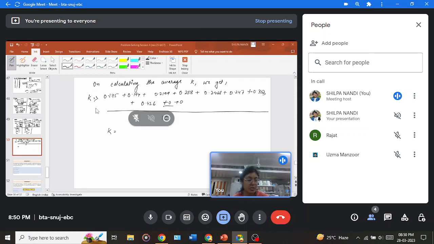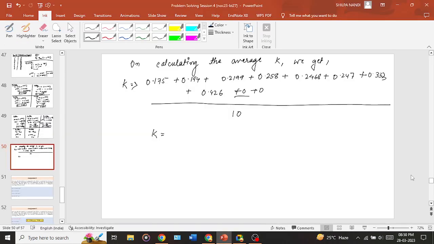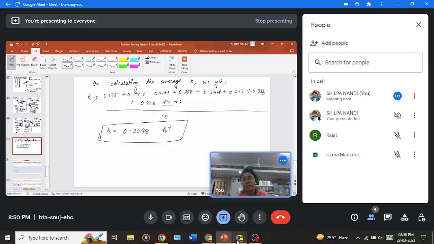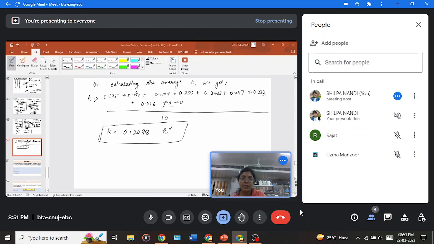Basically, how much should the answer be? Is it coming around 0.2098? Write it down here. So this K is coming at around... please verify if possible. If not, you may also do it later.